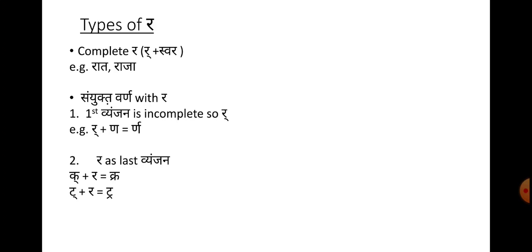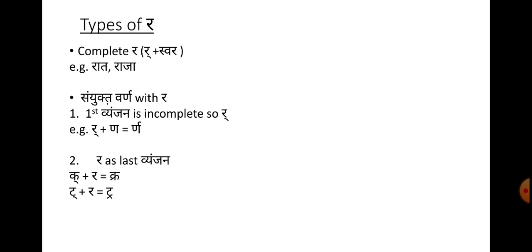So when R is used as one of the Vyanjans in Sanyukta Varna, it is Sanyukta Varna using R. So there are two subtypes here.